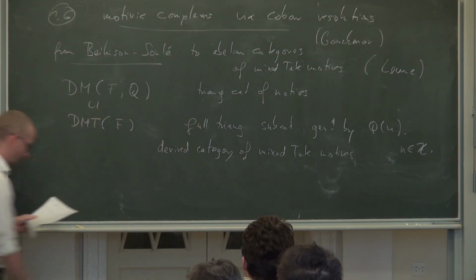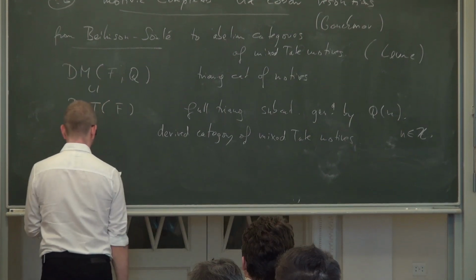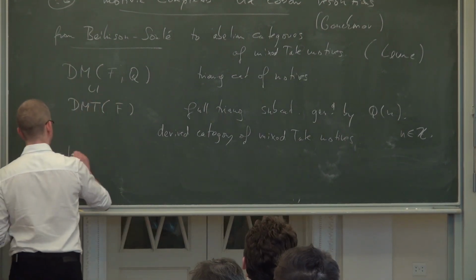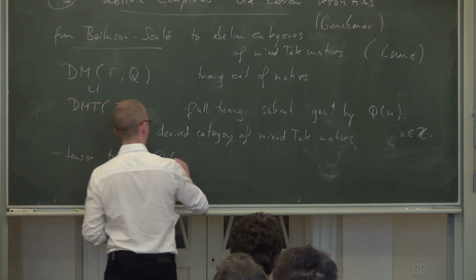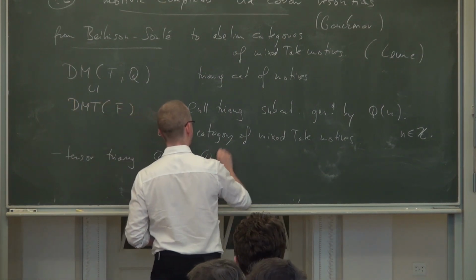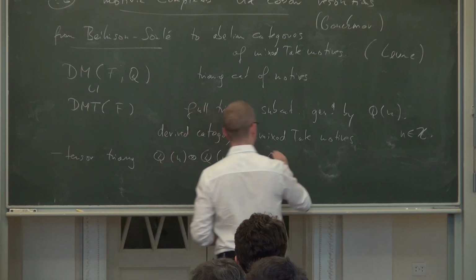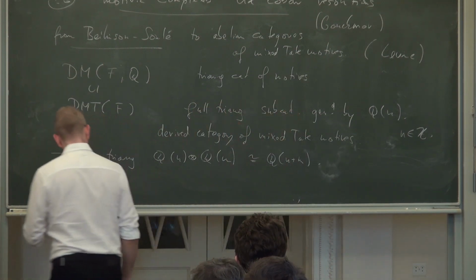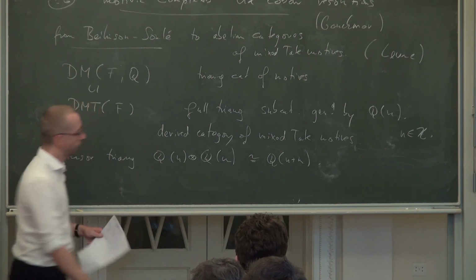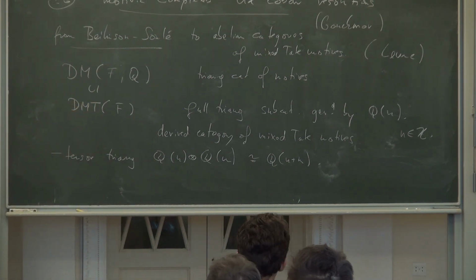And what we can say about this is that it is tensor triangulated, because you have Q(n) tensor Q(m) isomorphic to Q(n+m). And it computes K-theory in the sense mentioned last time. Okay.